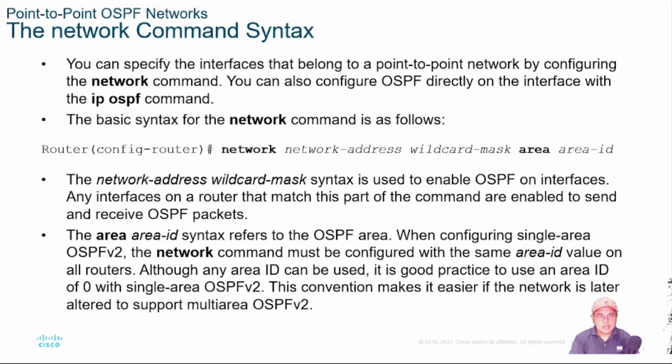An interface on the router that matches this part of the command, the wildcard mask, will participate. The wildcard mask function is to match the network portion of the network address to participate in the OSPF routing domain, so that the interface is able to send and receive OSPF packets.